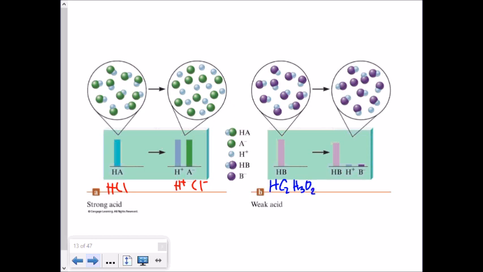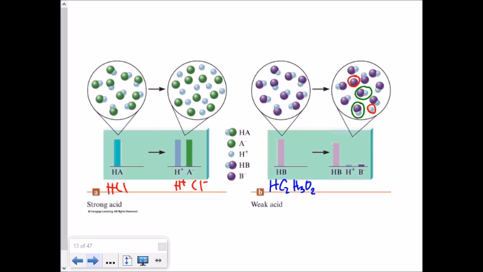Acetic acid, everybody know the common name for that? Vinegar, there you go. So basically, as you would see, most of them are staying together. Only very few of them actually separated into the ions. The ones I circled in red are the ones that actually separated apart and are in the ion form.